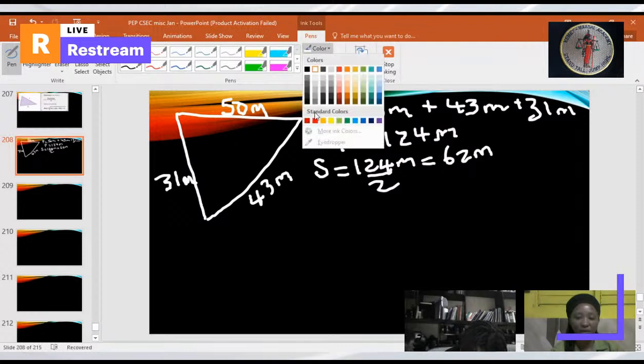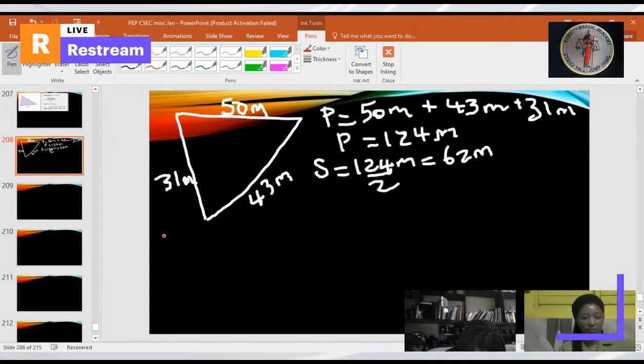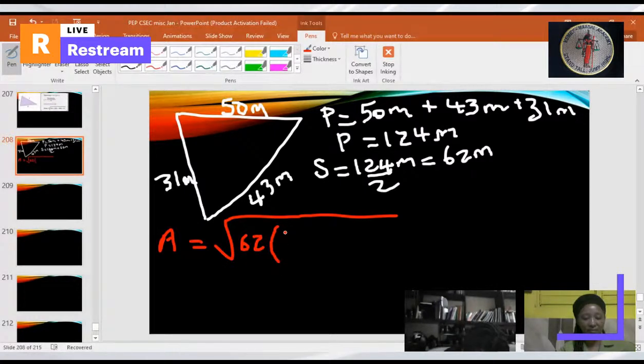We're going to set out the square root. Area is the square root of 62 times 62 minus 50 times 62 minus 43 times 62 minus 31.